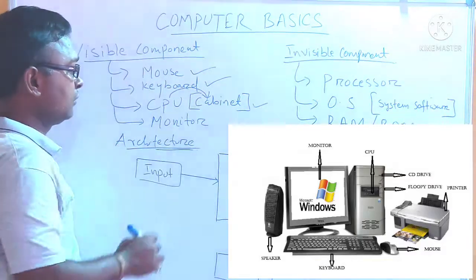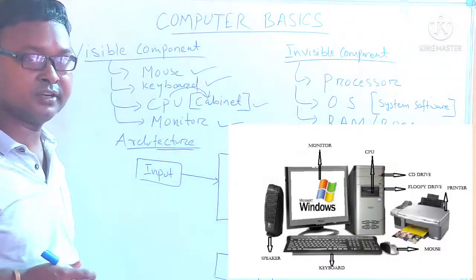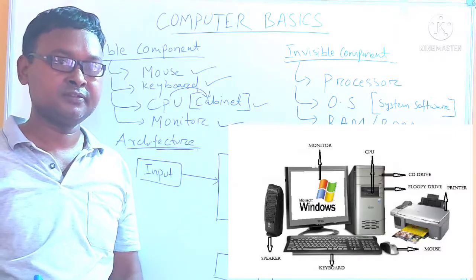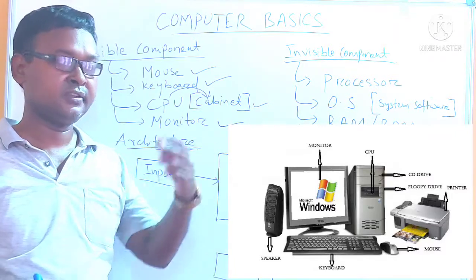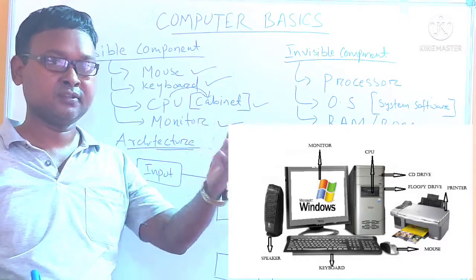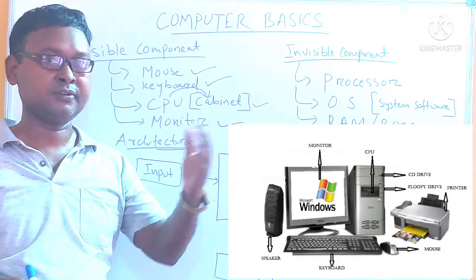The next visible component is your monitor. As you already know, the monitor is placed in front of you, where you can see the output. You can visualize all the information of your computer system.